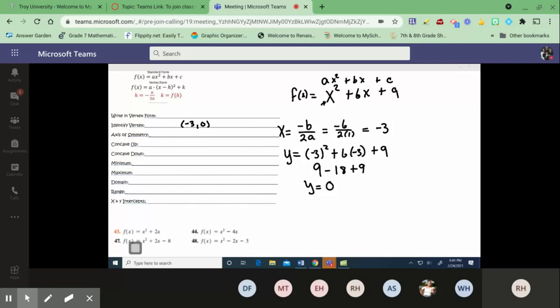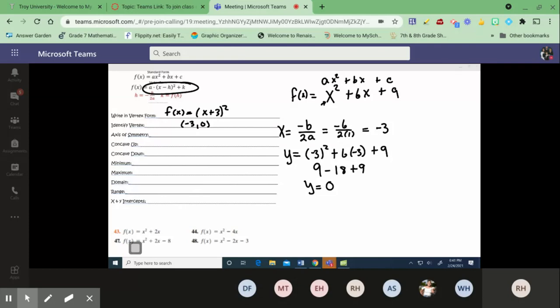So what is my vertex form going to look like if my vertex is negative 3 and 0? And that's going to be a plus 3 because that's a negative, good.